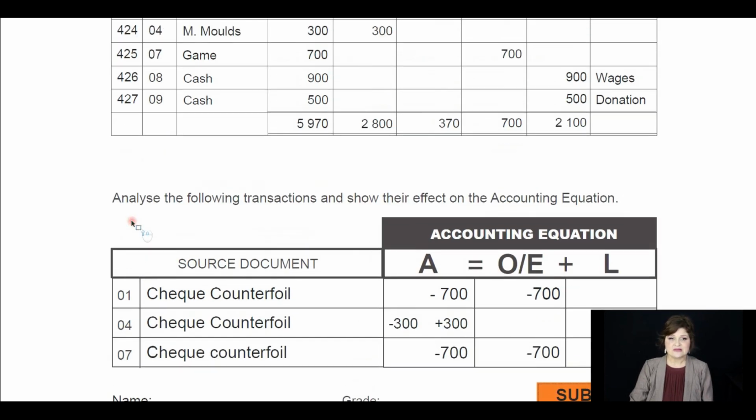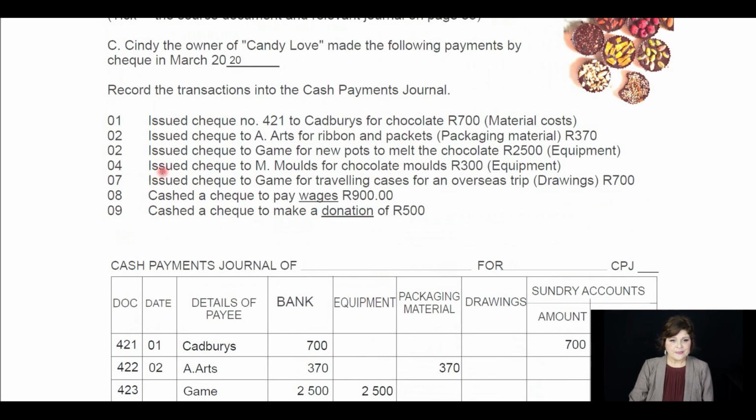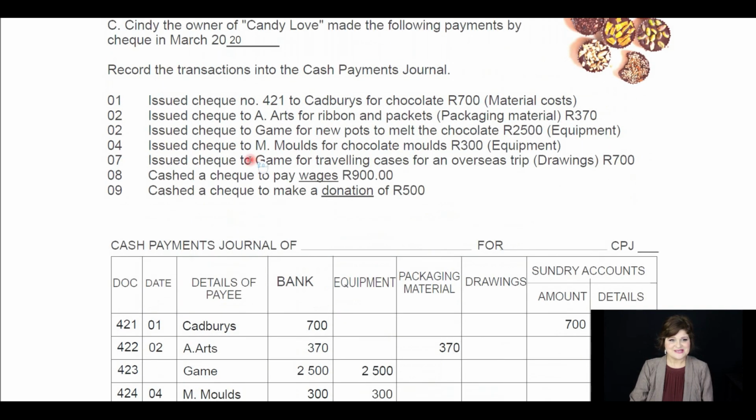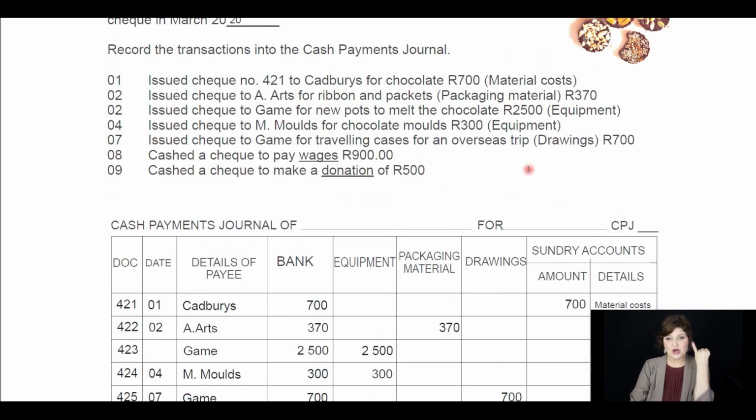Right, on the 7th of the month, issued a check to Game for traveling cases for an overseas trip, drawings. The two accounts that are affected are bank, because a check was written out, as well as drawings. Drawings is an owner's equity account. That is when an owner takes money for personal use, and so we allocate that to drawings.